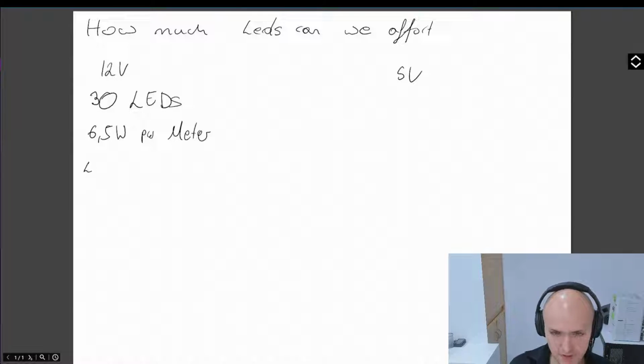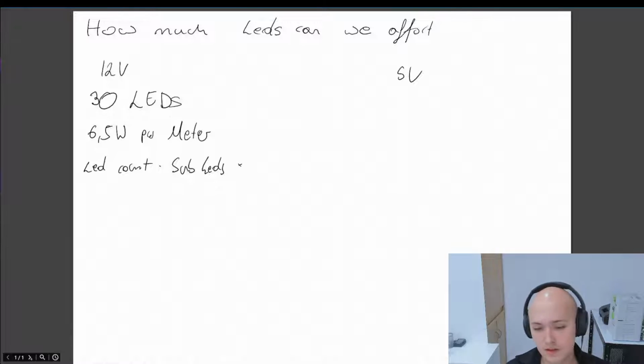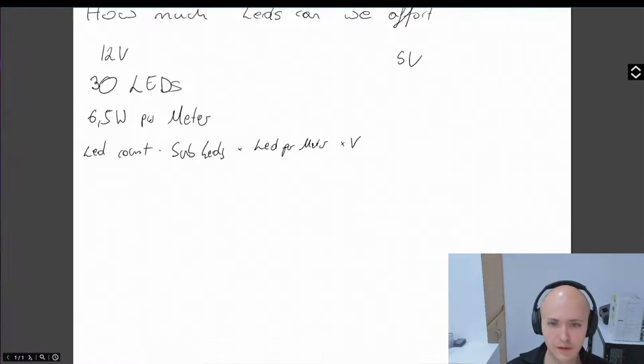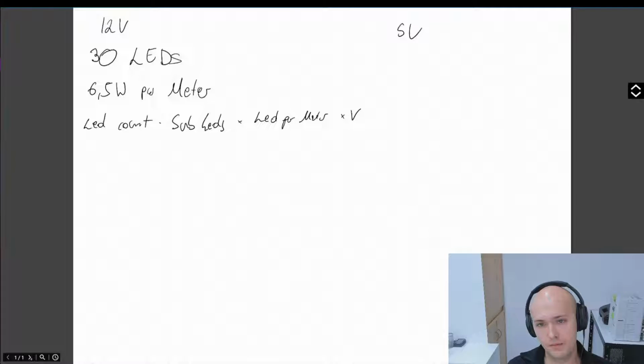We have the LED count times the number of sub LEDs, in this case 3, times the LEDs per meter, and of course the voltage we are using, times the LED current.